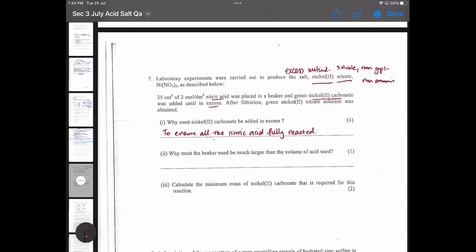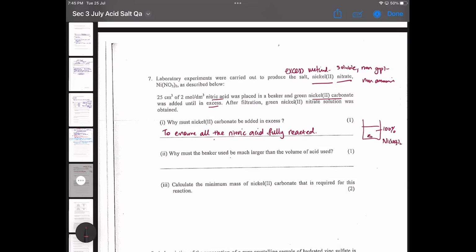So when excess nickel 2 carbonate is added, the solution will have no more acid, and you will have pure nickel 2 nitrate.